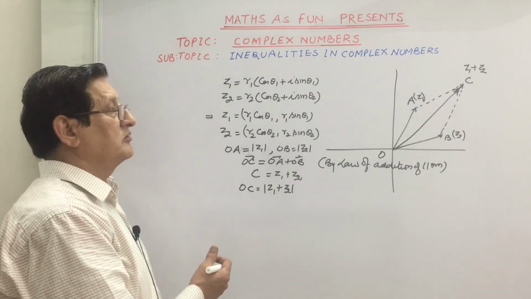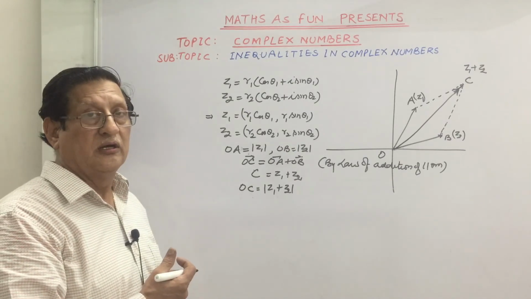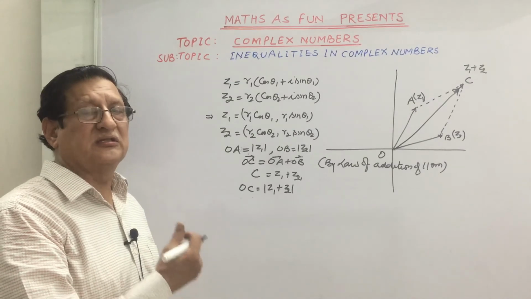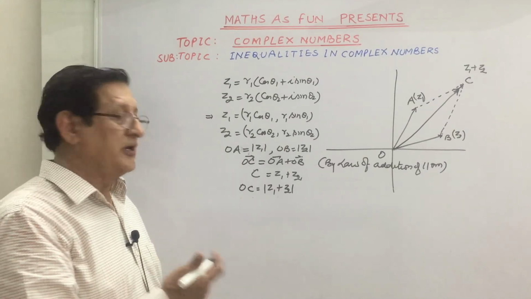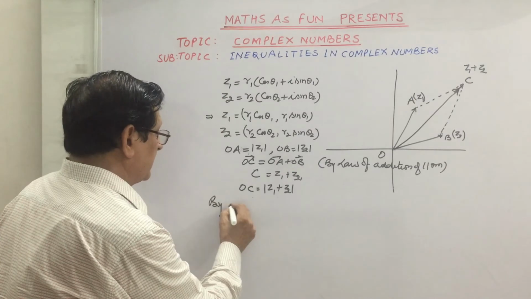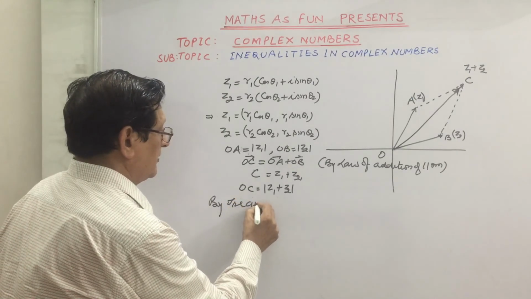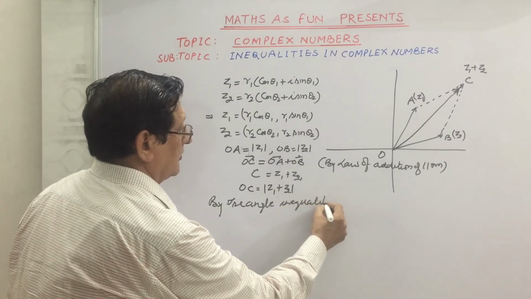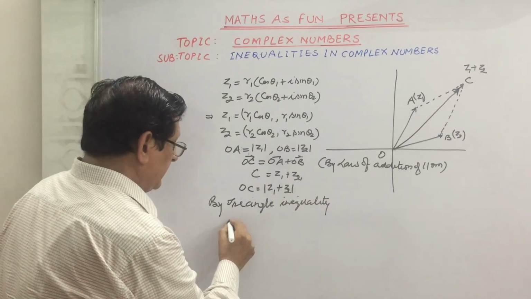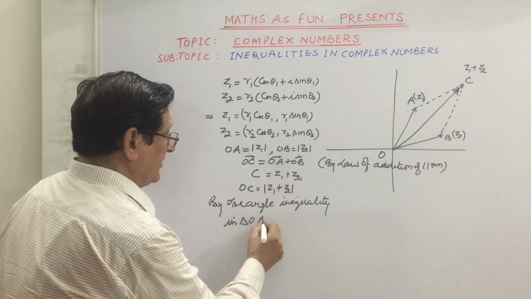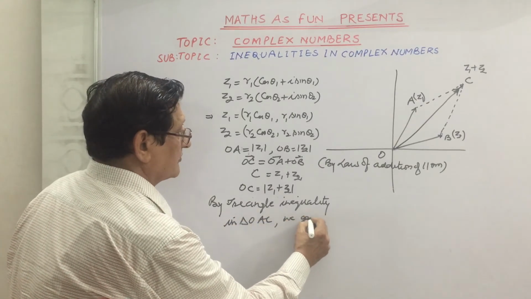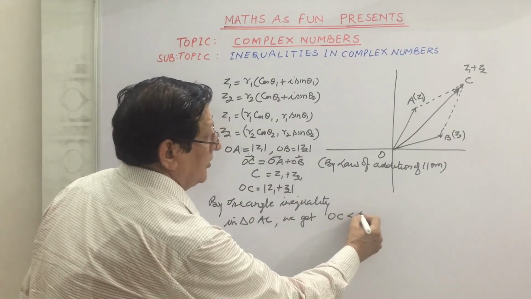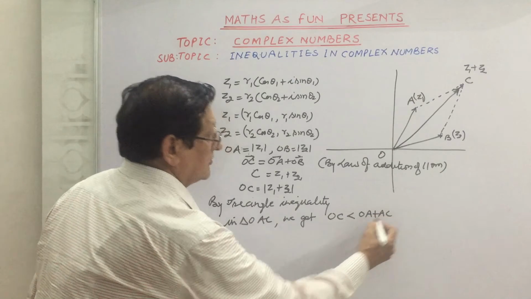We know the triangle inequality, that in any triangle, any one side is less than the sum of the other two sides. It means by triangle inequality, in triangle OAC, we will get OC is less than OA plus AC.